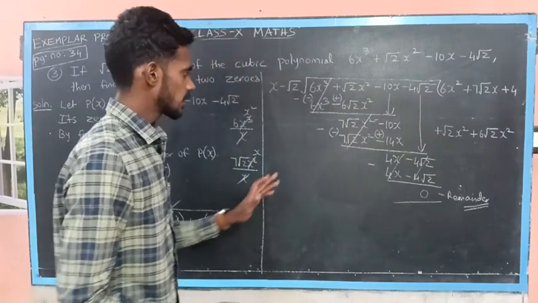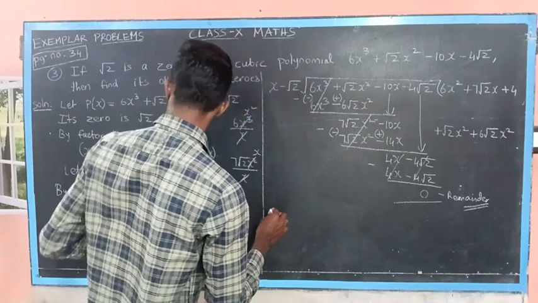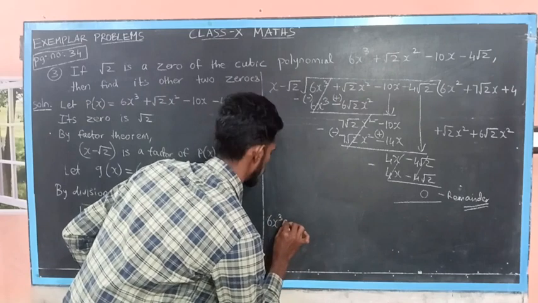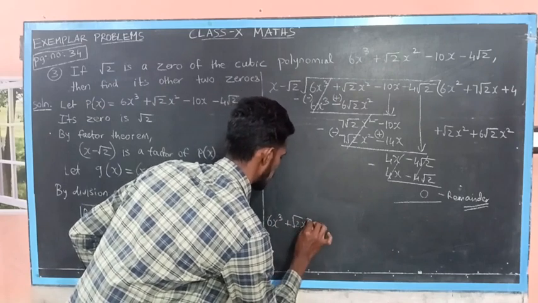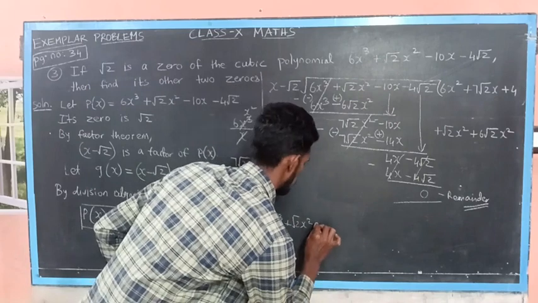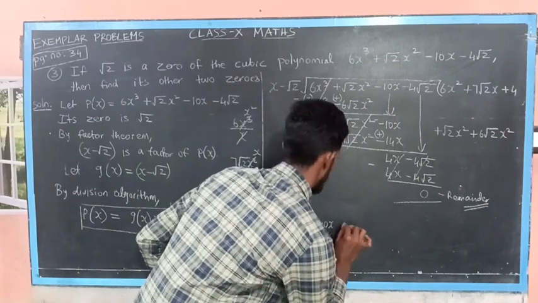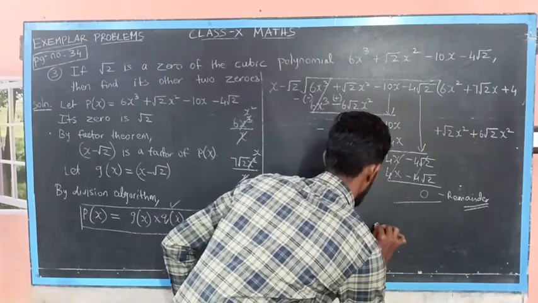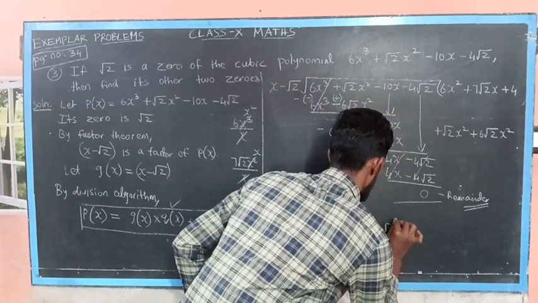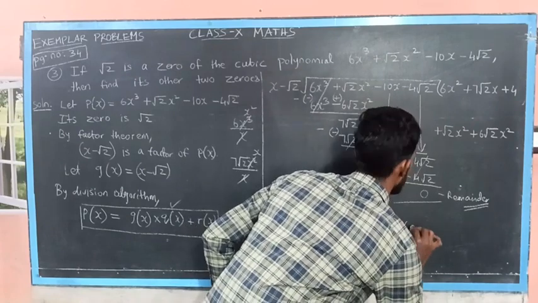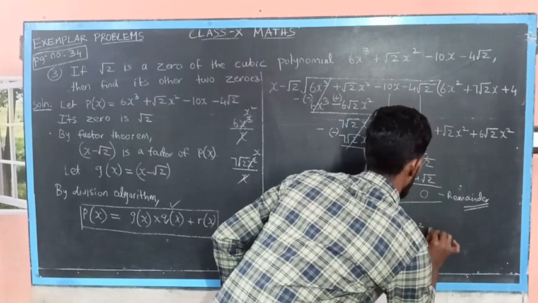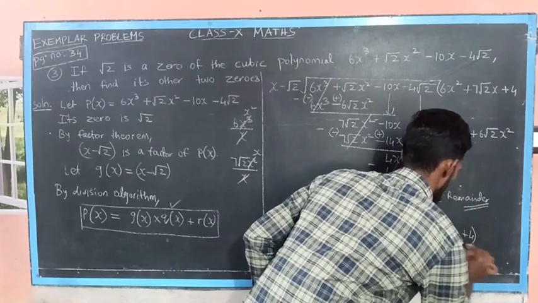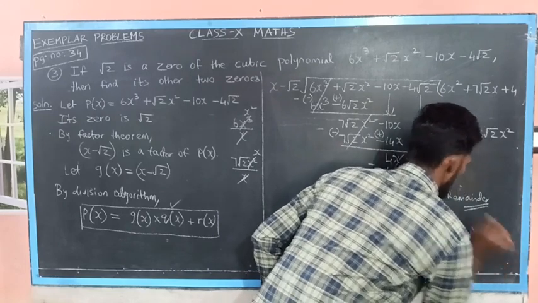Then according to the division algorithm, we can write the p of x polynomial, that is 6x cube plus root 2 x square minus 10x minus 4 root 2, as g of x polynomial, that is x minus root 2, into q of x polynomial, that is 6x square plus 7 root 2 x plus 4, which is the quotient polynomial, plus the remainder polynomial 0.